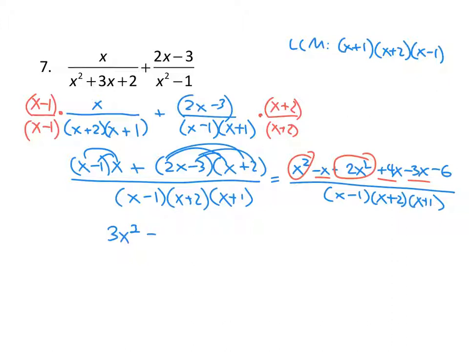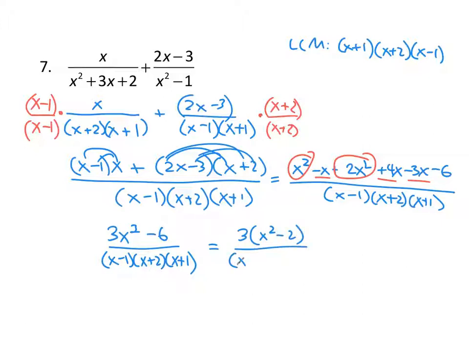So we just get 3x squared minus 6 over all that fun stuff. And we check to see if we can factor. I can factor out a 3 on the top. And that's as far as I can go. So that's my final answer.